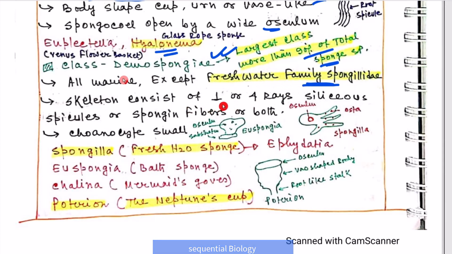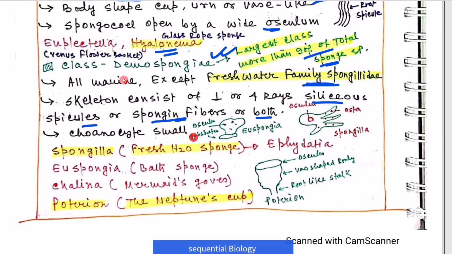The skeleton consists of siliceous spicules, spongin fibers, or both. Their skeletal fibers may be made up of spongin fiber or siliceous spicules or both.